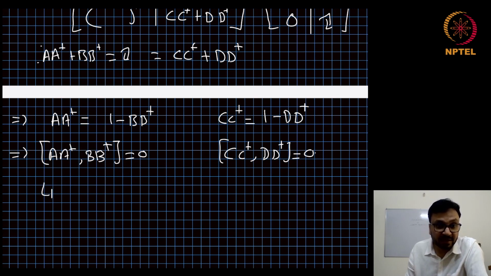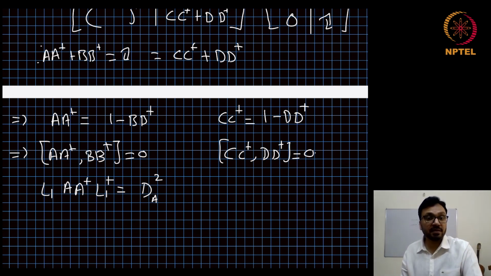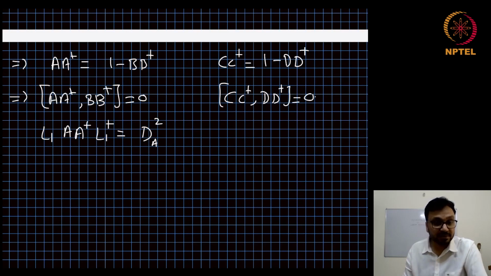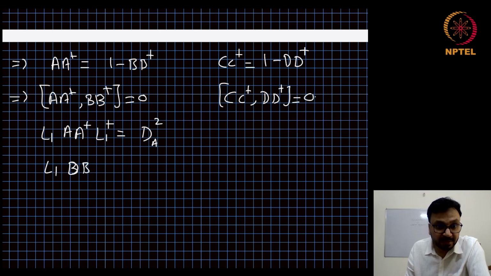So it means we have L1 A A dagger L1 dagger. Since A times A dagger is a positive operator, the eigenvalues will be real. So we are writing the diagonal matrices as dA square, which can be a real and positive matrix. Similarly, L1 B B dagger L1 dagger is dB square.